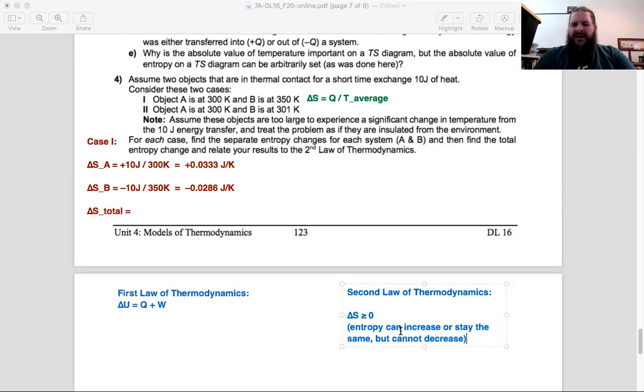However, that doesn't apply to everything. For instance, object B is definitely decreasing in entropy. We don't want to say that nothing can decrease in entropy because object B is decreasing in entropy. Second law of thermodynamics really only applies to what sorts of things? Well, we're not talking about energy here, though.